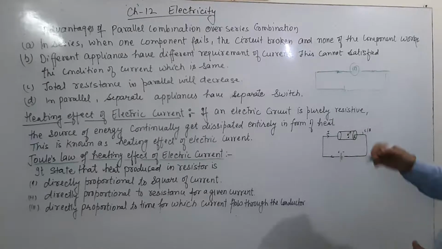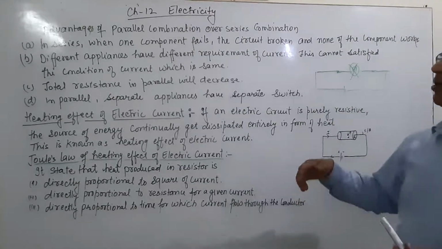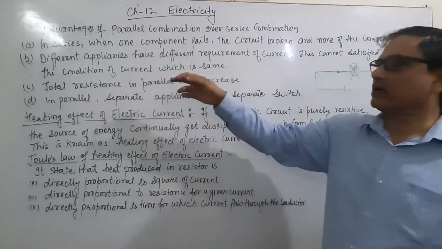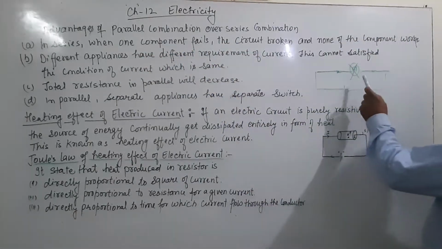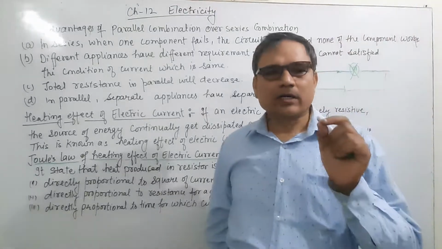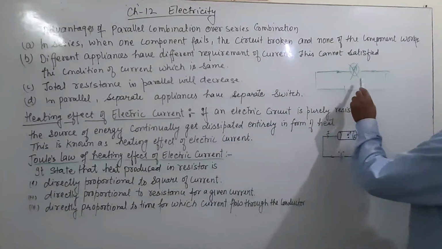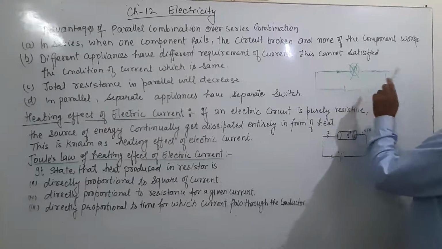If this bulb gets fused or damaged or is unable to work, meaning one component fails, then automatically the circuit will break. If the circuit breaks, then no current flows to this resistance and to this resistance.